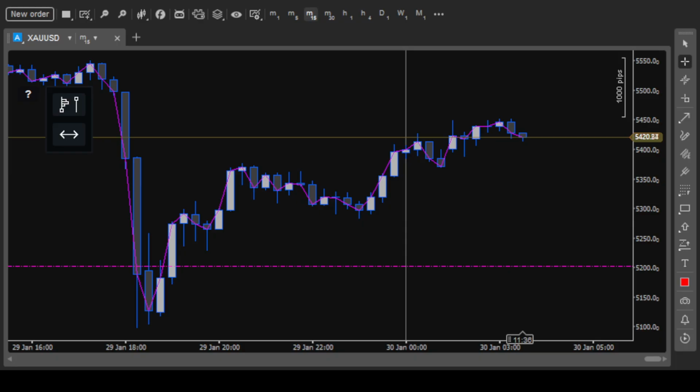Now, that reaction from there to there, 85 pips. Yeah. Now, unless this breaks down here, this is a reversal. Can it reverse? Yep. Can it keep going?